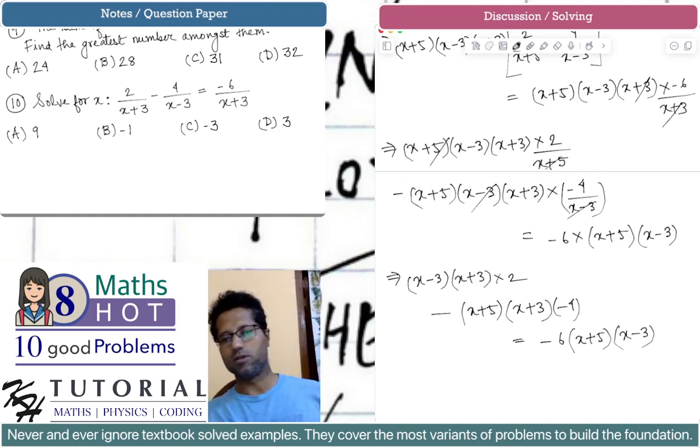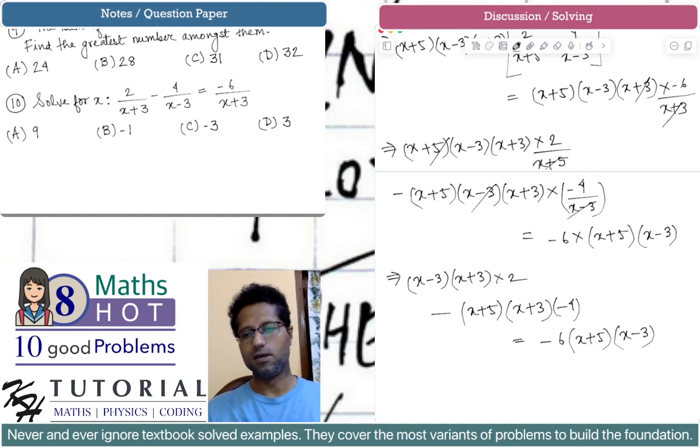Now you have to do all the products of the two binomials on both the sides and proceed, and you will see that in a properly given equation you will not find any x square. It will get reduced to a linear form, and you will easily solve it.